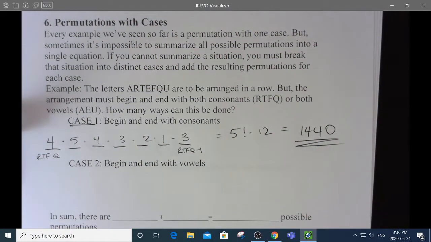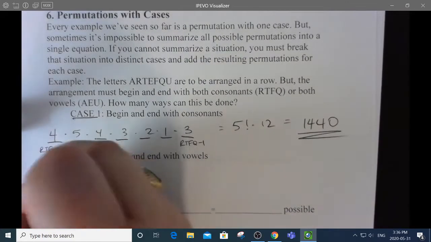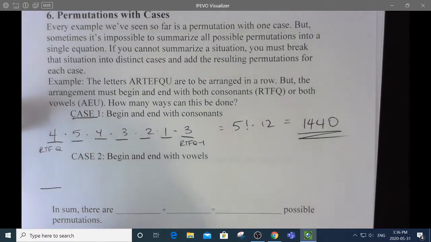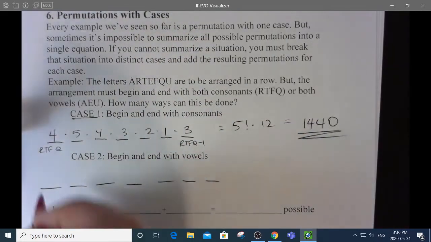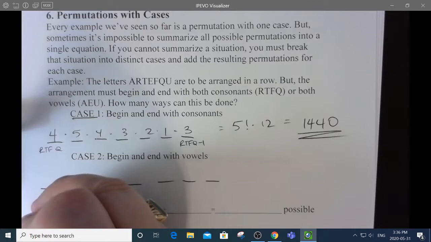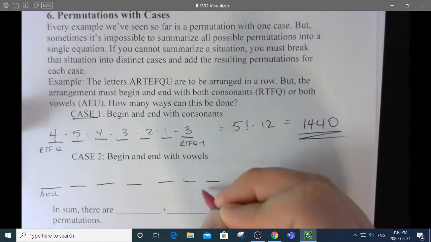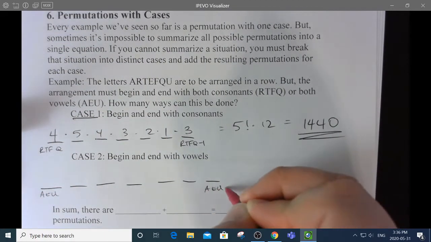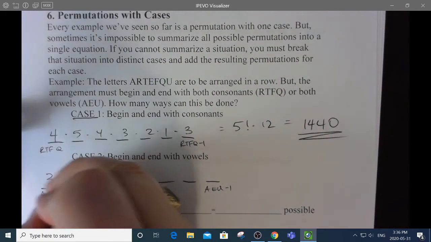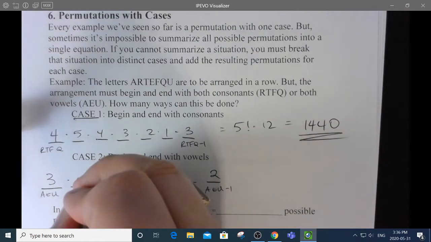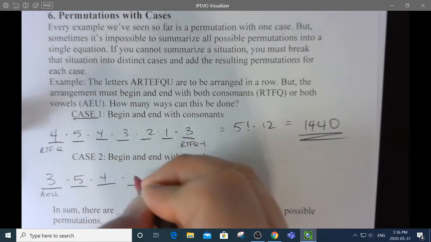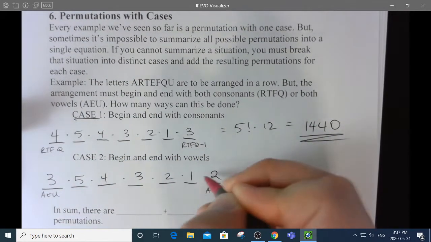Case 2, they begin and end with vowels. Now you're going to see, isn't it going to be the same as this but times 2? No, it's not. Because there's only 3 things I can put here, A, E, or U, and then over here, A, E, or U minus 1 of them. So 3 things could go there, 2 things could go here, and then there's still 5 tiles for me to place between them.